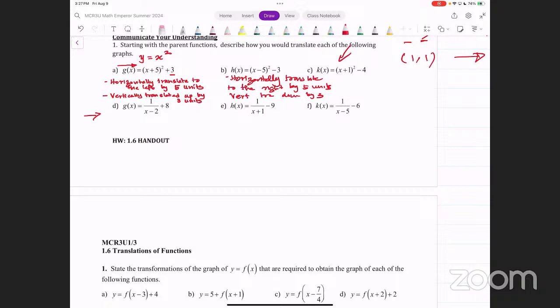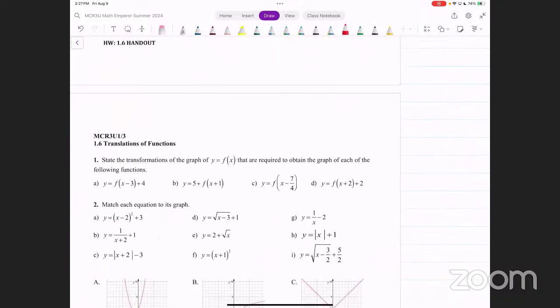Horizontally translate to the right by 2 units, and then vertically translate up 8 units. You got it. So you know how to do D, E, and F.